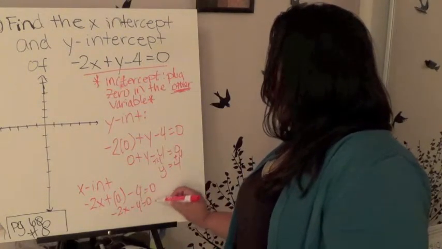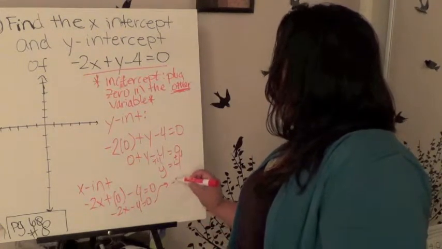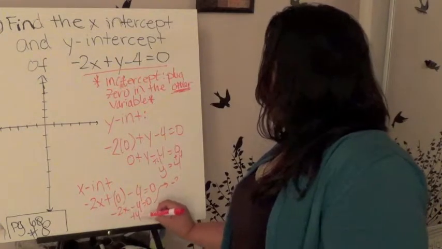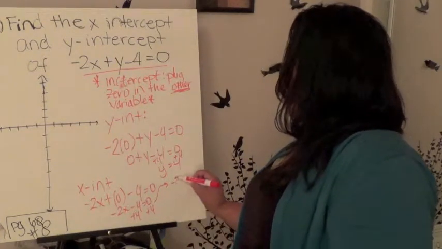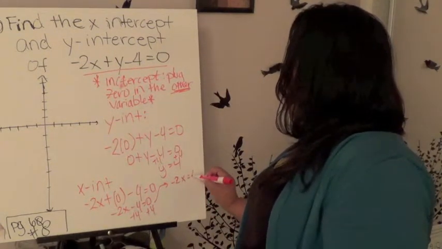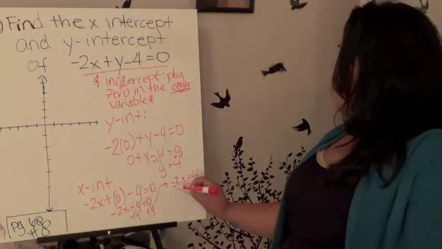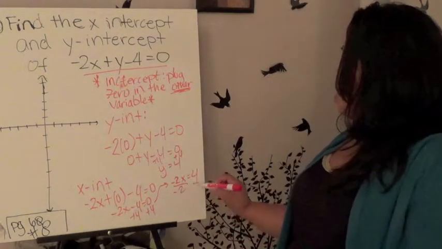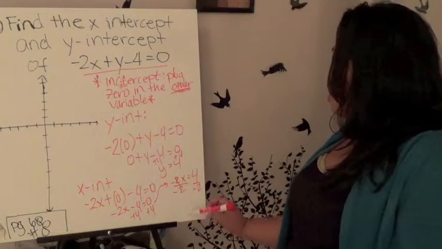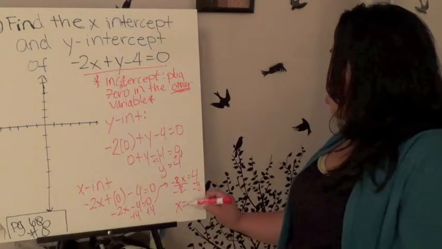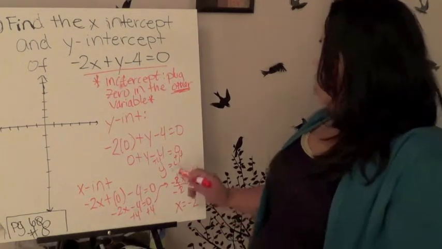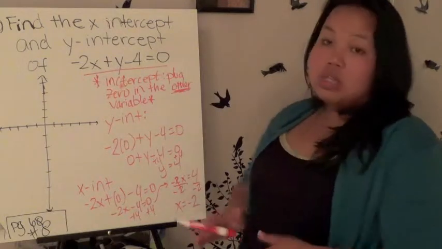I'm going to add 4 to both sides. I end up with negative 2x equals positive 4. Now I'm going to divide both sides by negative 2. These cancel out. I end up with x equals negative 2. So my y-intercept is 4 and my x-intercept is negative 2.